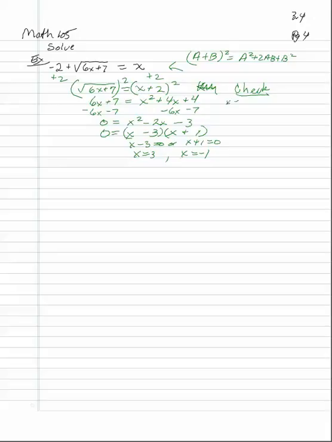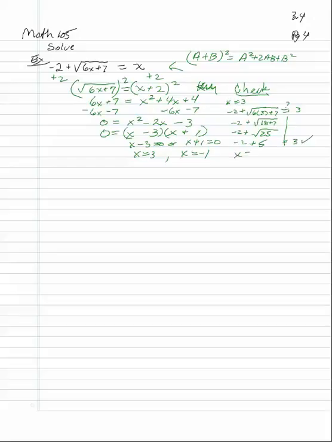So if we check x equals 3, we get negative 2 plus square root of 6 times 3 plus 7. Does that equal 3? So negative 2 plus square root of 18 plus 7, which is 25, which is 5. And that equals 3. True. Okay, so that one's fine.